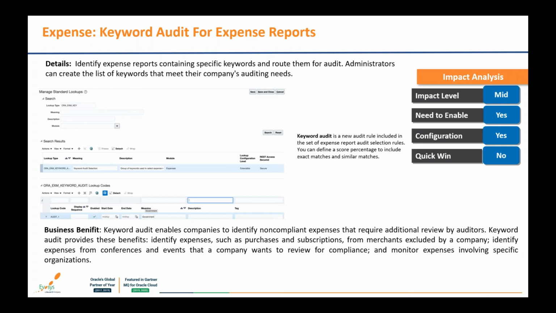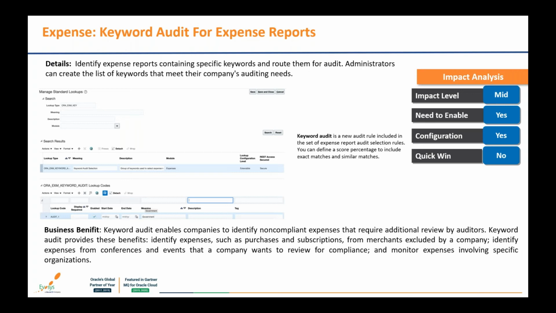But now with this particular feature, Oracle has provided us with an additional flexibility that I can now audit the expense reports just based upon some keywords. For example, I want to identify some expenses just based upon the expense type, whether there is a subscription or purchases from specific merchants that we know there can be some issues.